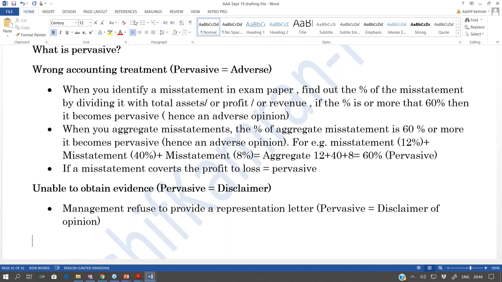I hope everyone accepts the importance of a representation letter, because it is the one through which the management acknowledges their responsibilities. It is a representation letter which you take on the subjective areas, right? So for a representation letter, you could not find the percentage in the exam paper. I hope you're clear with that.